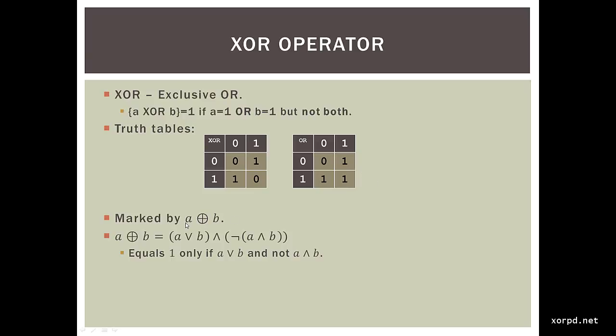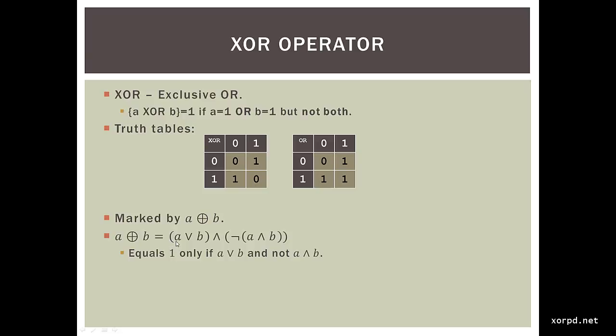It is usually marked by A plus inside a circle B. This is how we write A XOR B. Another important thing to know about A XOR B is how to define it using OR, AND, and NOT.